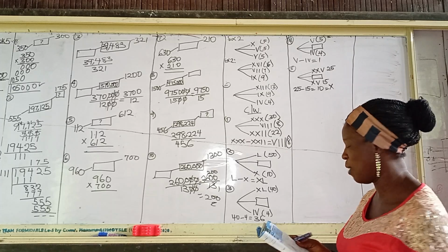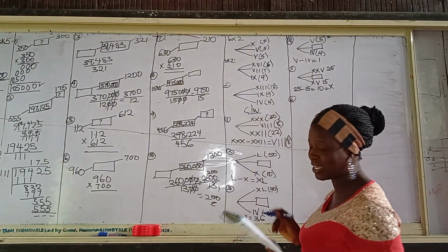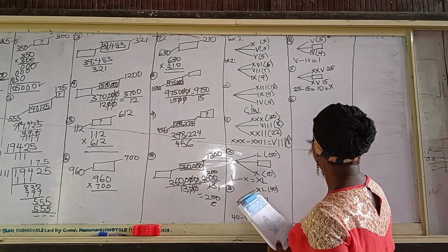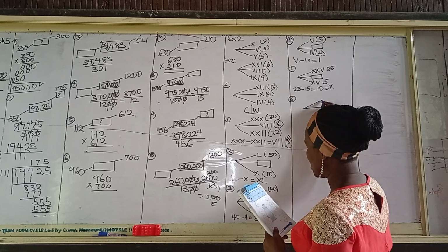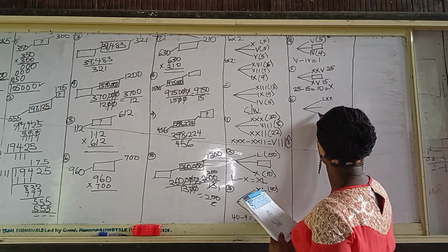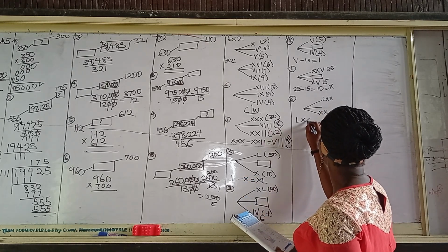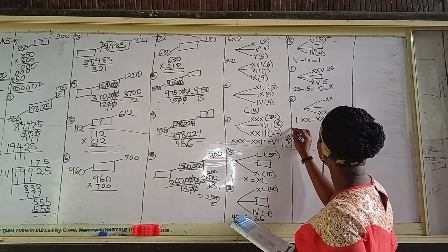So now to number 6 to 10 that you will do. Let me write out the question in case mommy has not gotten you your new textbook. So number 6, we are given LXX and XX. Then what do we do? That will be LXX minus XX. Then you get your answer.